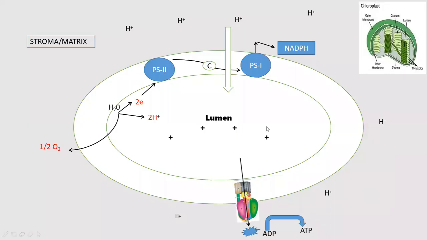Here, due to this proton gradient, the protons present in the lumen part go back to the stroma or matrix area through this ATP synthase channel. While they pass through this channel, they release enough energy to synthesize ATP.